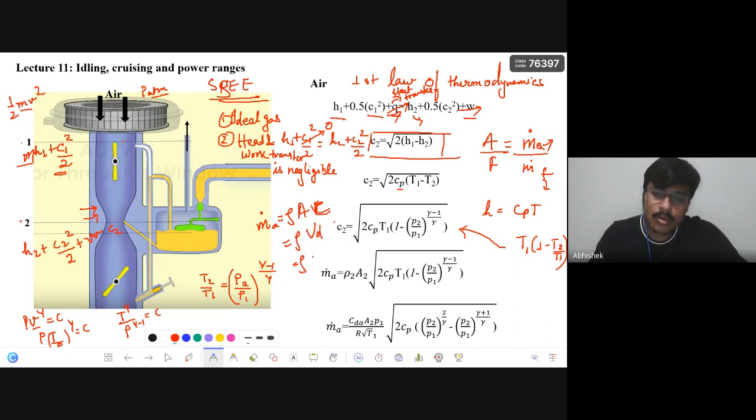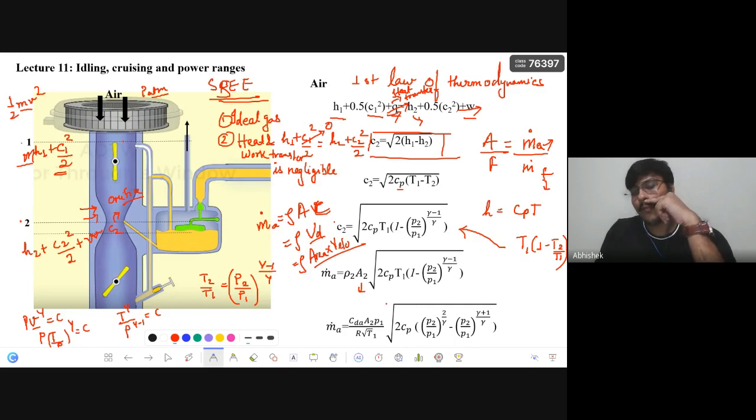In place of volume, I wrote area into velocity, because this is volume flow rate. So you get rho 2 A2 into velocity. What is A2? A2 is the area of the orifice. So rho 2 A2 root of 2 Cp T1 into 1 minus this one.